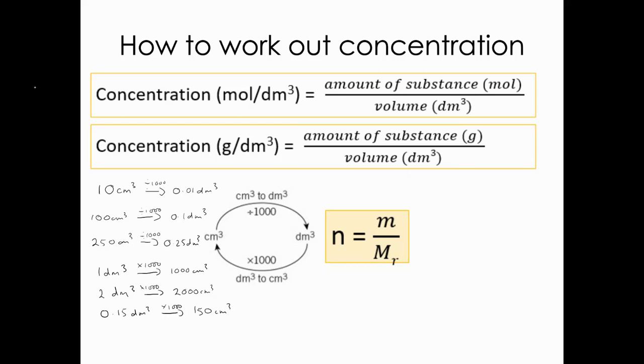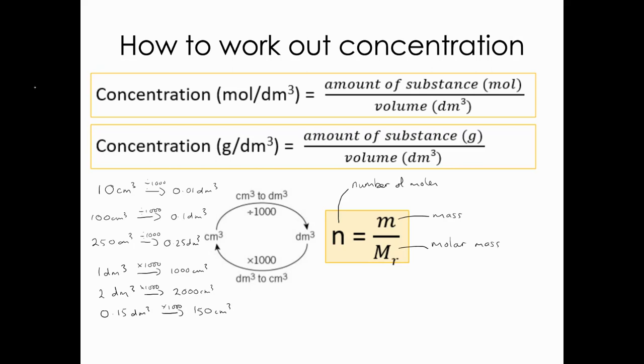Now the other equation: sometimes you're asked to convert between these two different forms of concentration. So we need to remember this, which we used in the previous lesson. N is the number of moles, M is the mass, and this is the molar mass.